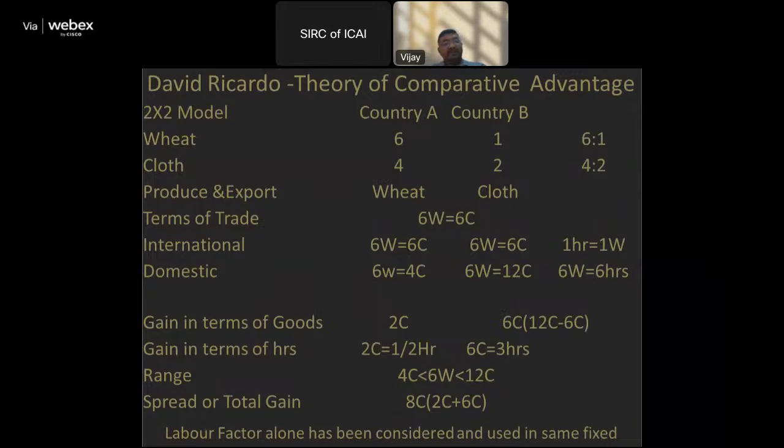Sir, here we have considered labor factor alone. And we assume that it is used in the same proportion.